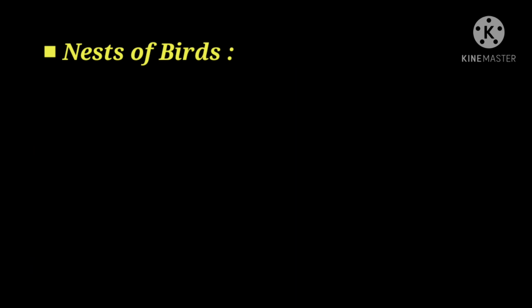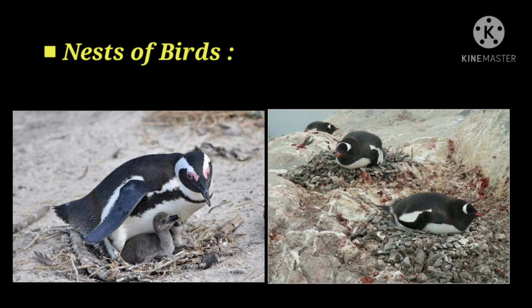Next, in case of penguin, penguins generally make their nest on the ground. On the ground they collect a few stones or pebbles, and within these pebbles or stones they make their nest. They also lay their eggs there.